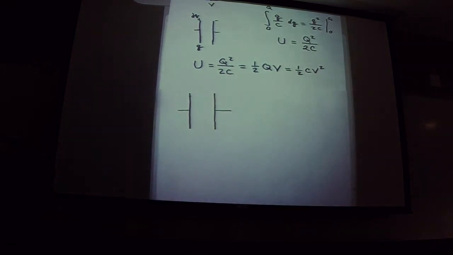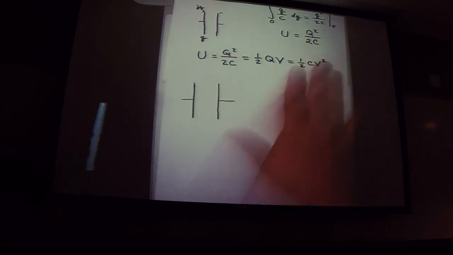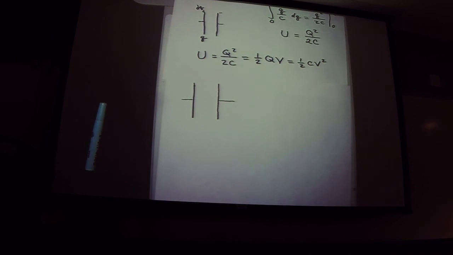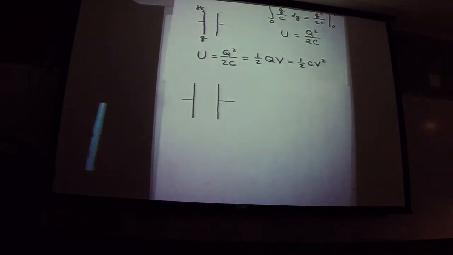But there's something else going on here, and we're going to use the example of a parallel plate capacitor to derive something that works in general. We don't tell you it works in general, but it does. Okay, so we're going to derive this general formula from this very specific case.